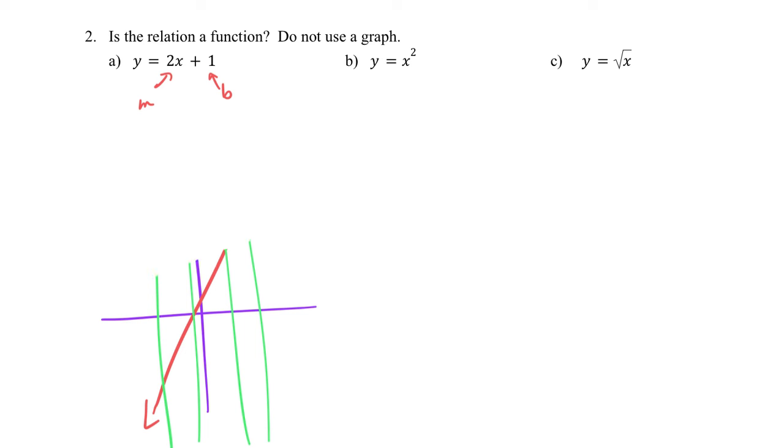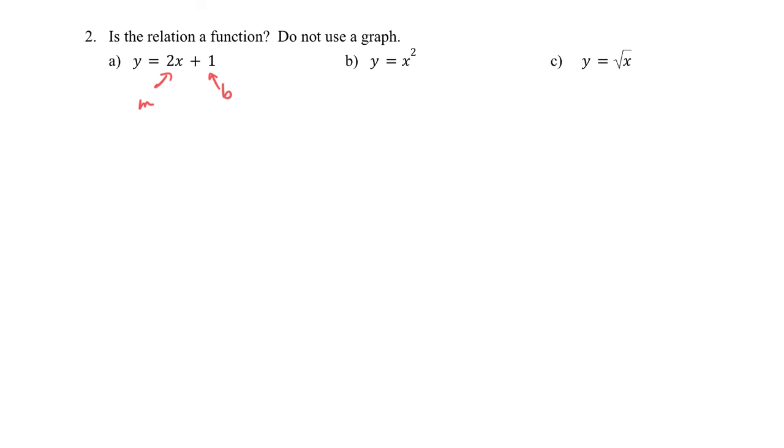Why did I want to talk about graph even though I said do not graph? Well, it's because I think that gives you a walkthrough on vertical line, but now it'll confirm for you when we don't use the graph. So my answer is yes, it is a function. We just need to forget that for a second. Okay, I also want you to forget that it's a line.